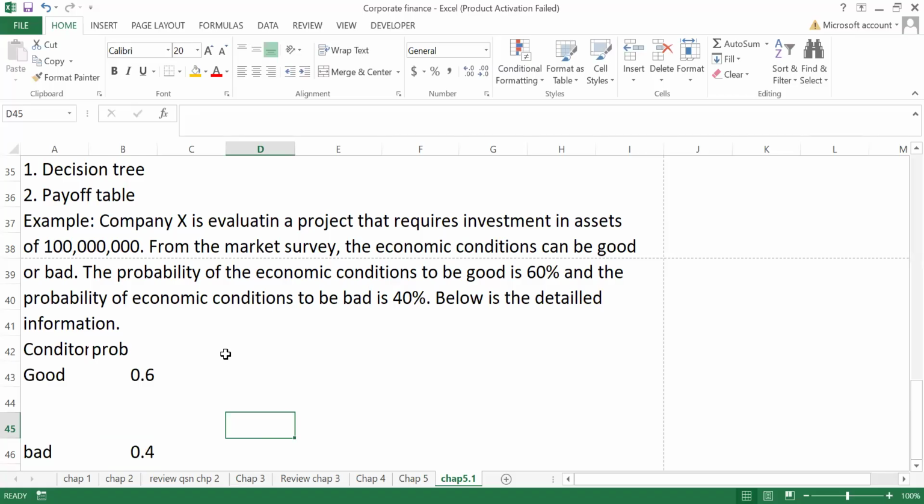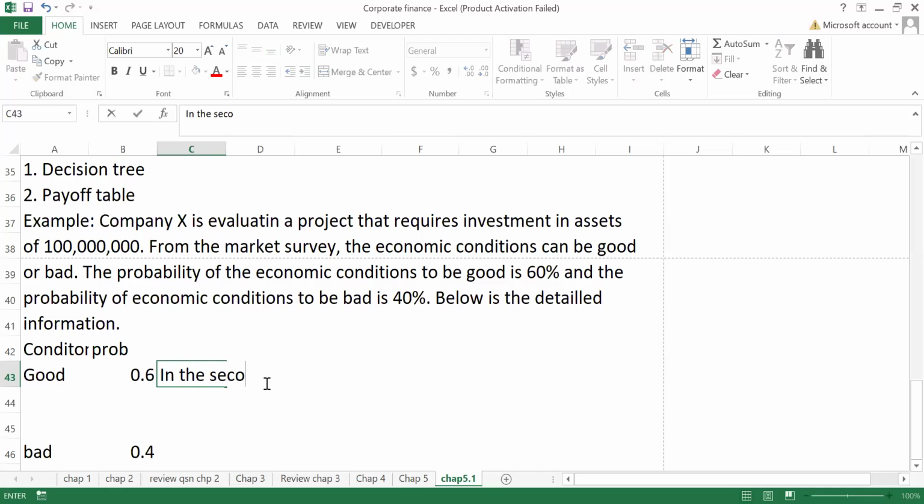Now, in the second year. I have not put the cash flows.